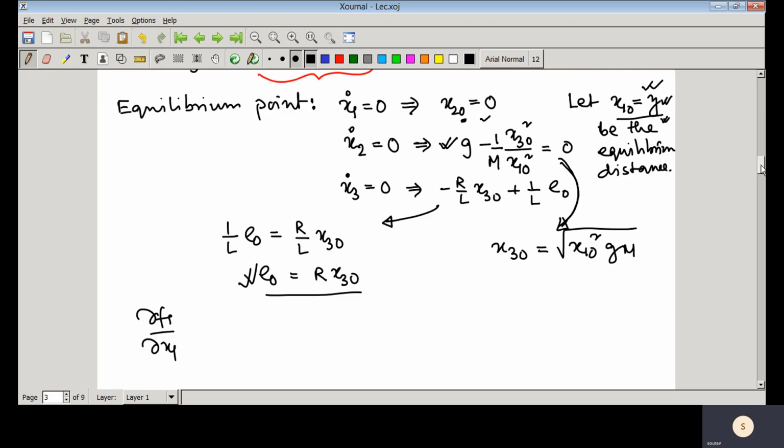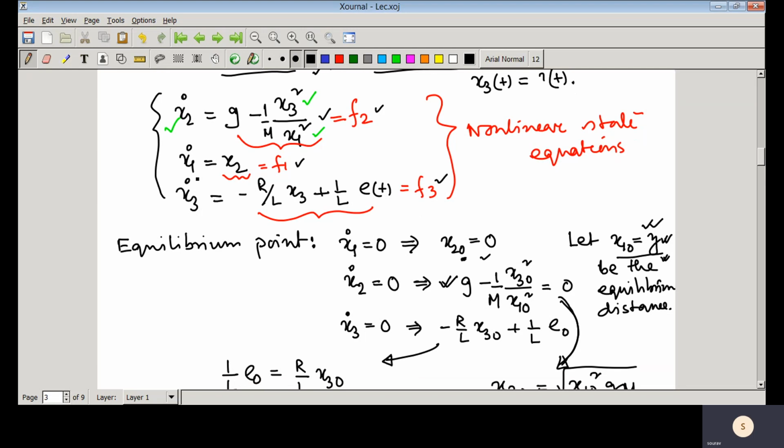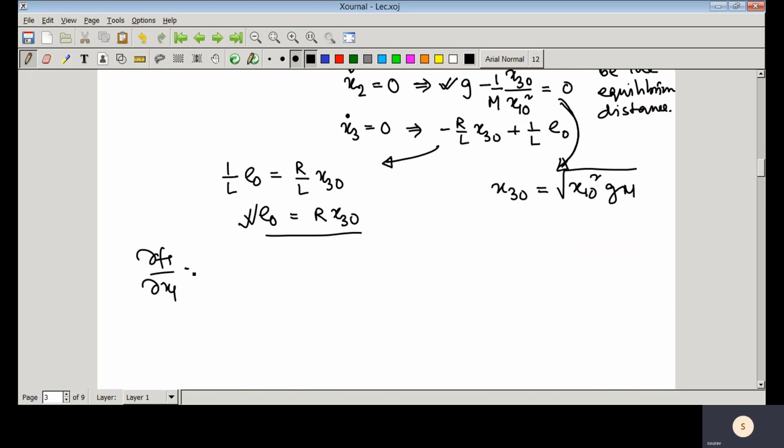F1 is x2, so del F1 by del X1 equals 0. Then del F1 by del X2 equals 1, del F1 by del X3 equals 0, and del F1 by del E, where E is the input, equals 0.